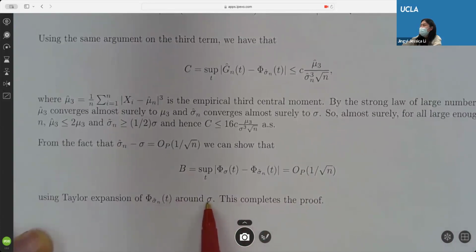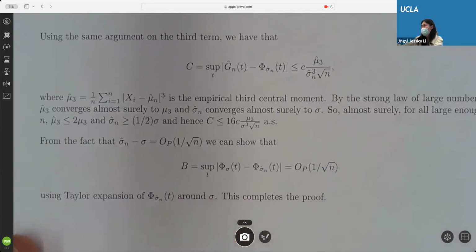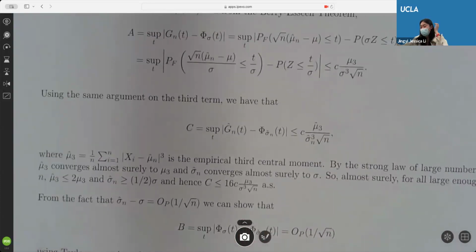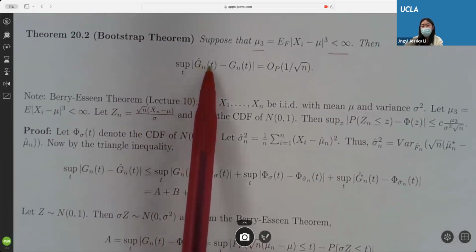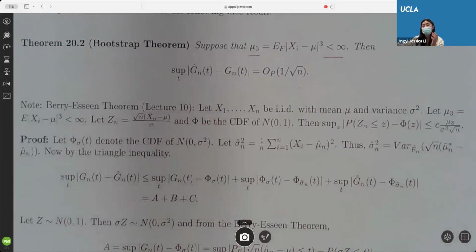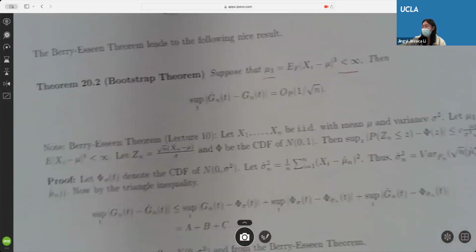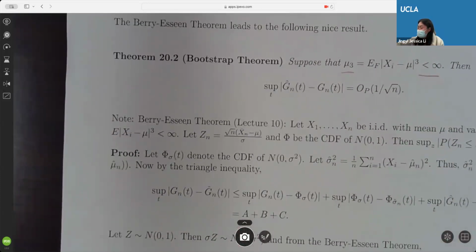Expanding that around σ, you can get a term which is the difference between σ̂_n and σ. Yeah, that's it. Essentially, using Berry-Esseen as the intermediate, we can connect these two things using the central limit theorem's error bound. That's basically it. So I think maybe this diagram can provide a better summary.